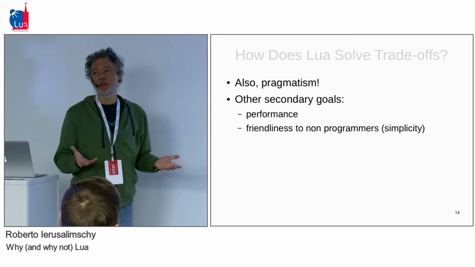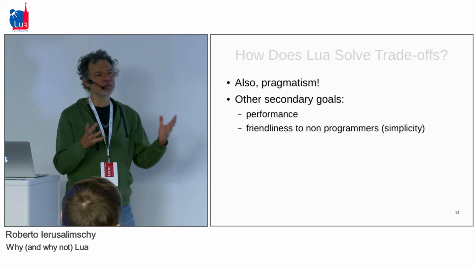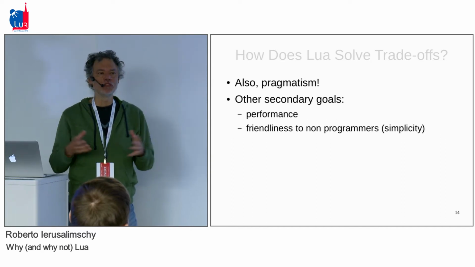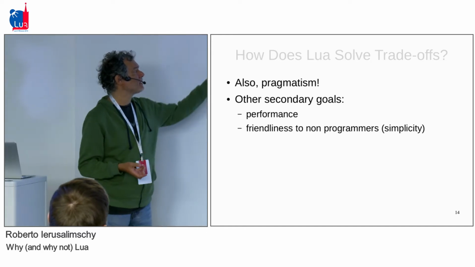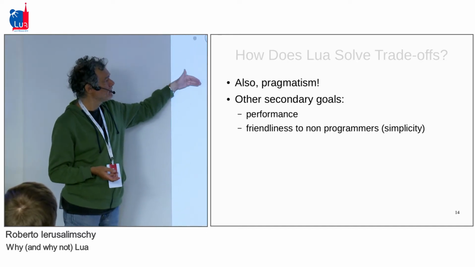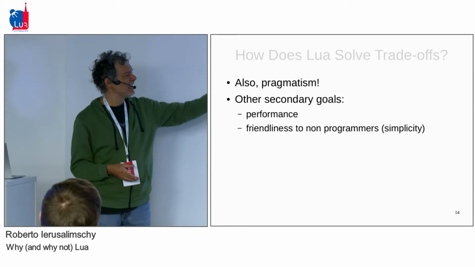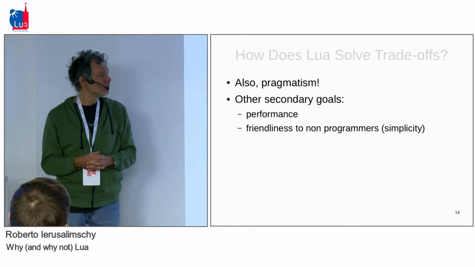We are not religious about anything. We do not have those basic principles, like everything is an object or whatever, any rule that we must always follow. And we have some secondary goals like performance, friendliness to non-programmers. This is not necessarily, but may be the result of simplicity.